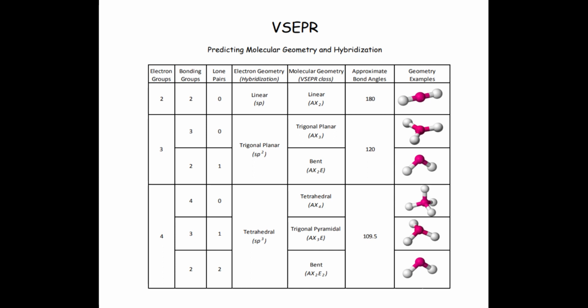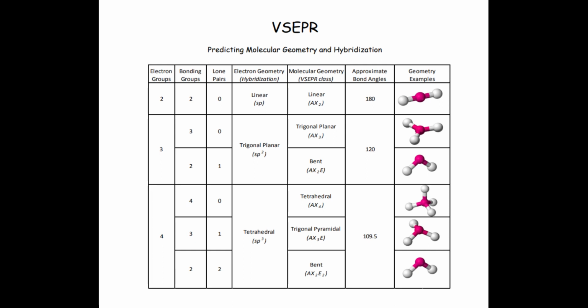If you know the bonding groups and the number of lone pairs, then you can figure out what shape it's going to be. And one thing about the electron geometry is that no matter how many bonding groups you have, as long as the total number of electron groups is the same, the electron geometry will always be the same. So for both of these situations, the electron group geometry is trigonal planar.